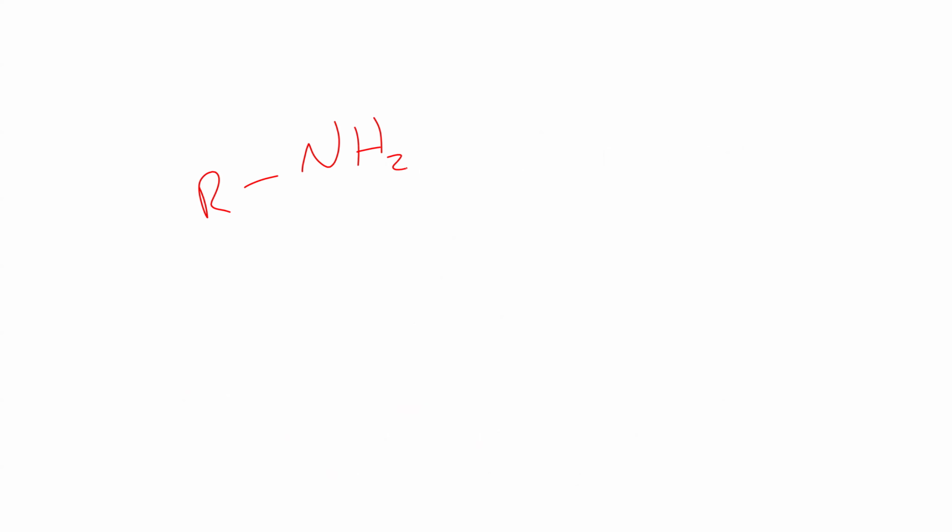Generally, this is a primary amine, but you can also have more than one carbon attached. So that would be a primary amine, this would be a tertiary amine, so we rank them like we do with carbons.